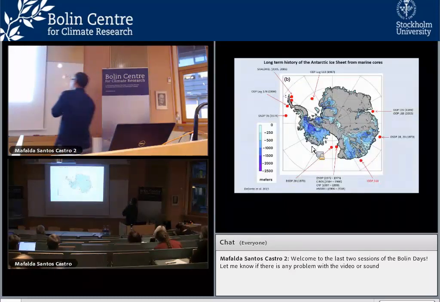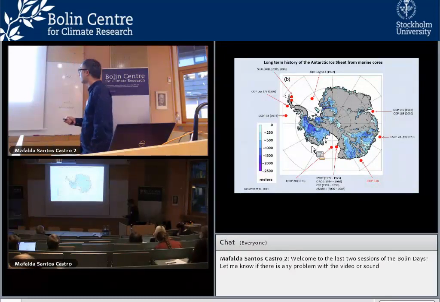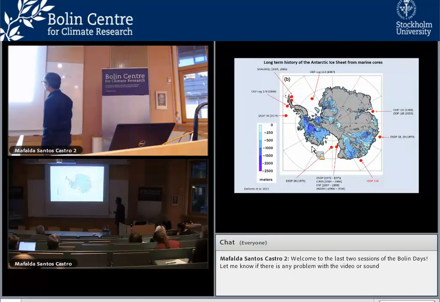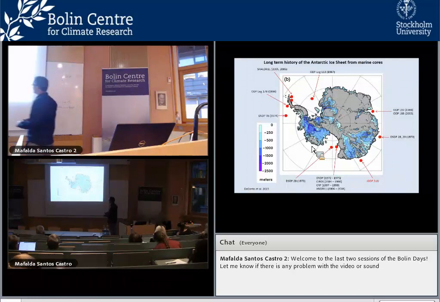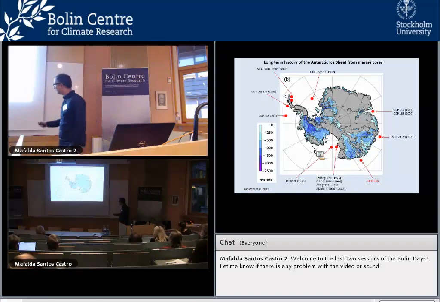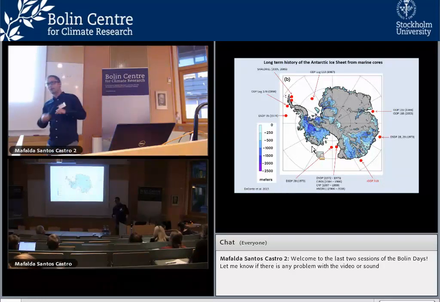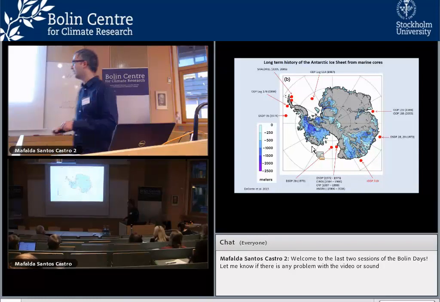Now, one of the ways that we look at the past history of the Antarctic ice sheet is looking at marine cores taken from around the continent on the continental shelf. So I am now extending the area into the marine realm. But you might be surprised to see that there are actually not that many sites where we have long-term records that go back beyond the last glacial maximum.